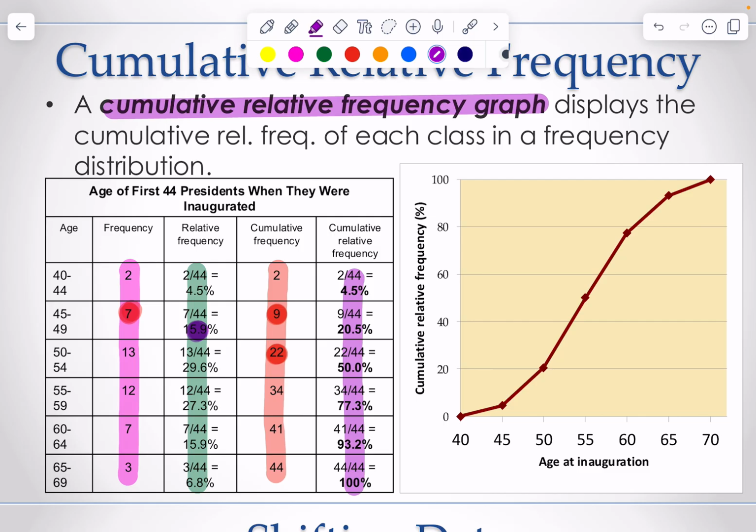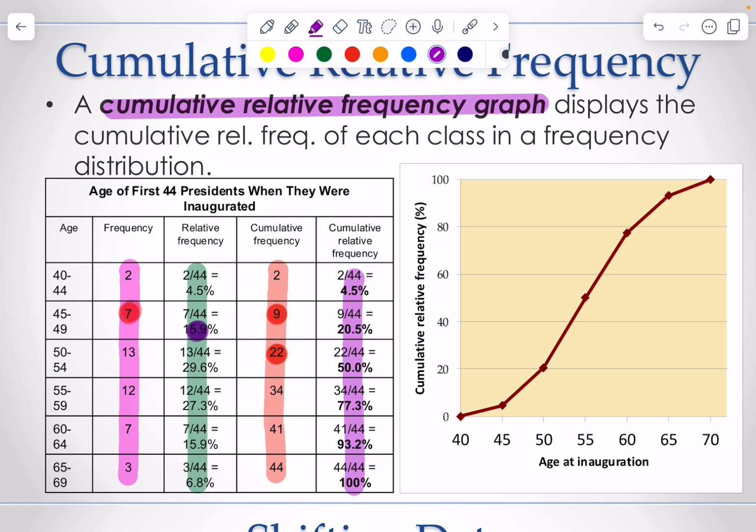So by the time we get to 49 years of age, 20.5% of our presidents had been inaugurated. Then we add another almost 30% to that, and we get the 50th percentile. So 50% of the presidents had been inaugurated by the age of 54, and so on.